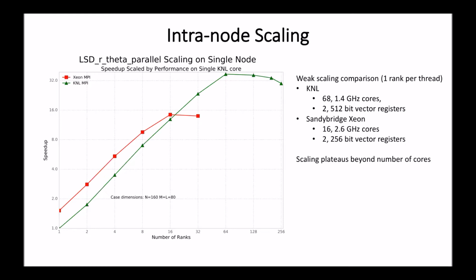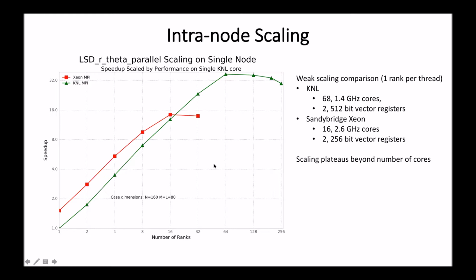However, we're vectorized, so the KNL has twice the vector length as the Sandy Bridge. So it's not too surprising to see that we get almost as good a performance at the same number of ranks. But of course, the KNL has 64 cores, so we can improve the scalability considerably past the capability of the Sandy Bridge.